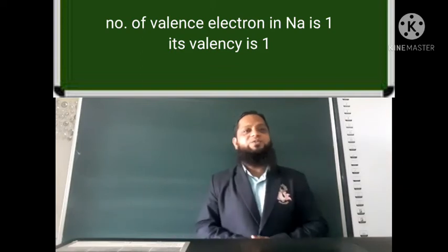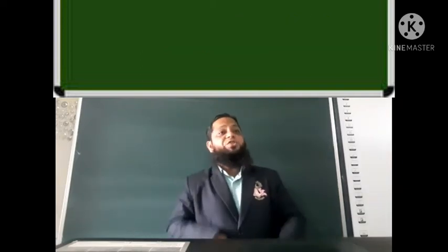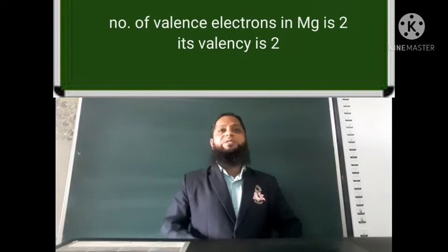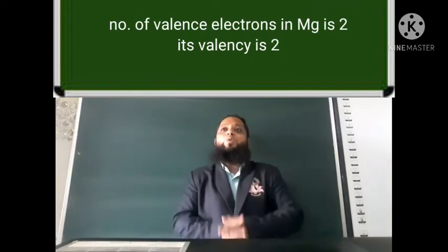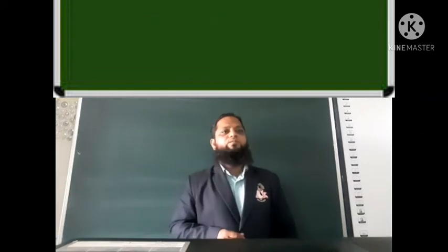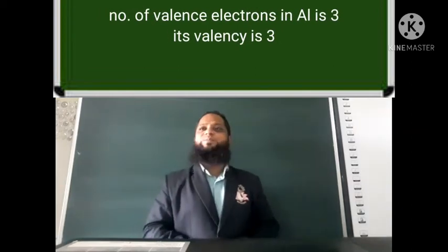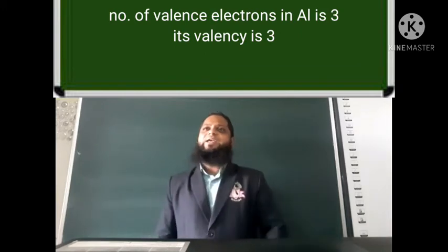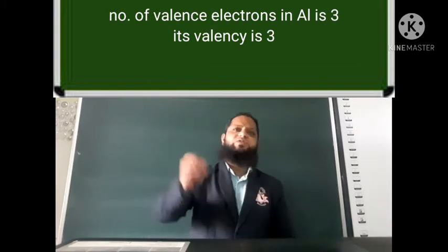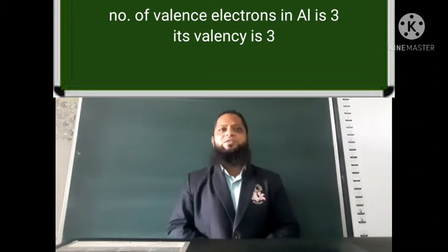So the valency of sodium is 1. The number of valence electrons present in magnesium is 2. That's why its valency is 2. The number of valence electrons present in aluminium is 3. That's why its valency is 3. This is all about the valency.